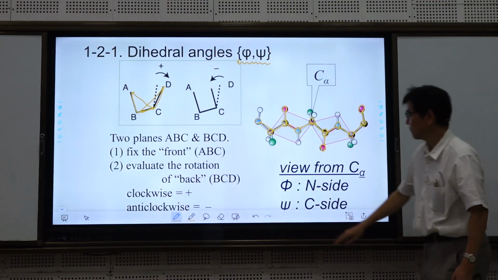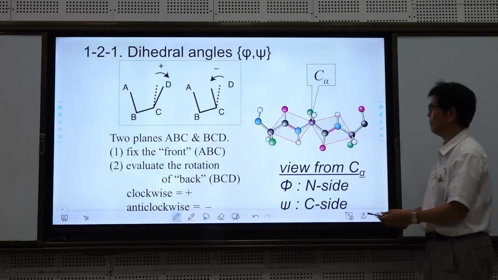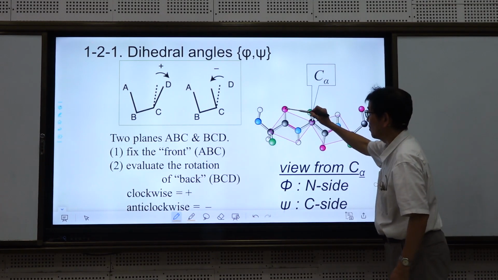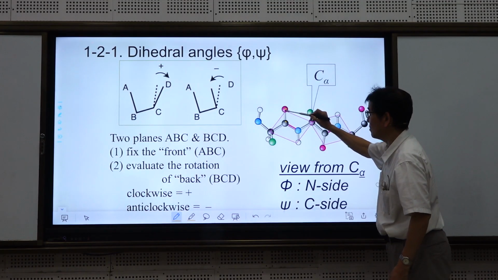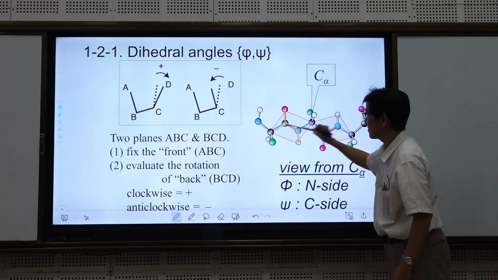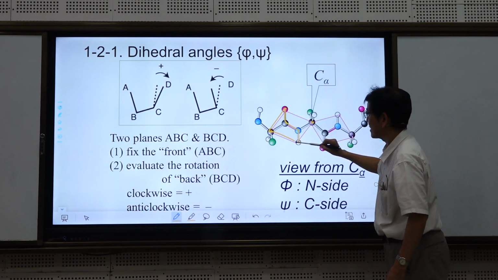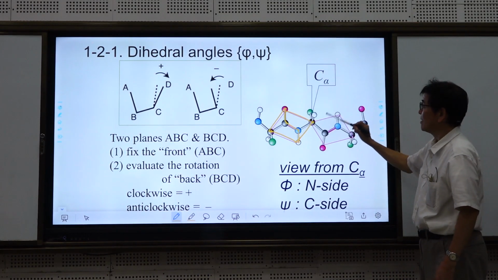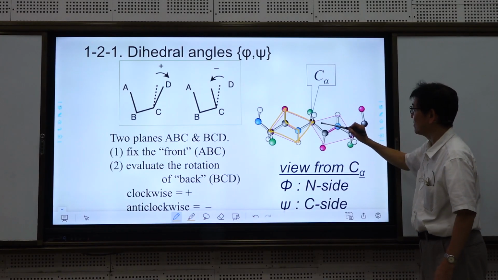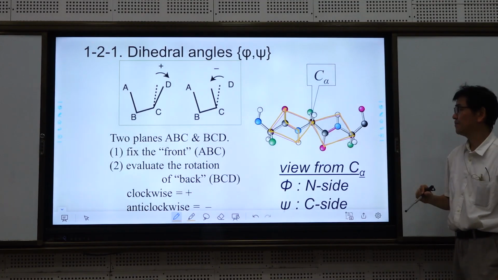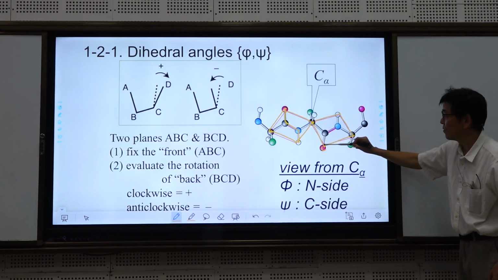This is the main chain. And as I already explained, the peptide bond O, C, N, H and adjacent carbon forms a planar structure. It's also the case for the other side. There is one more planar structure, including the peptide bond O, C, N, H.